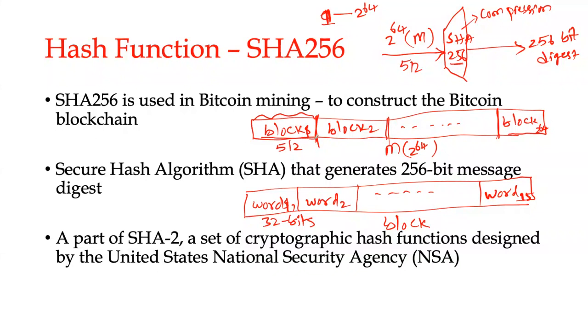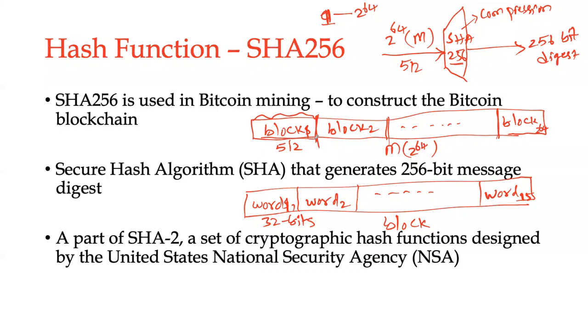So what will happen? The compression function takes every block of size 512 bits, but if a user gives 1 bit or 2 bits or 3 bits, then what will be done? How will this function work?